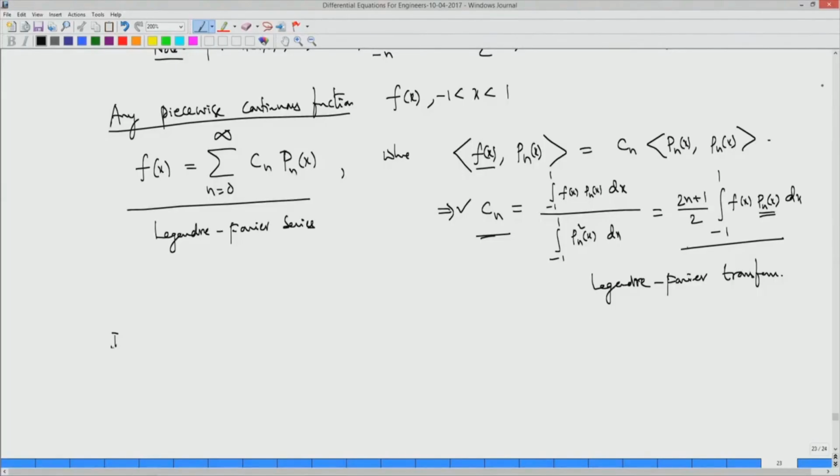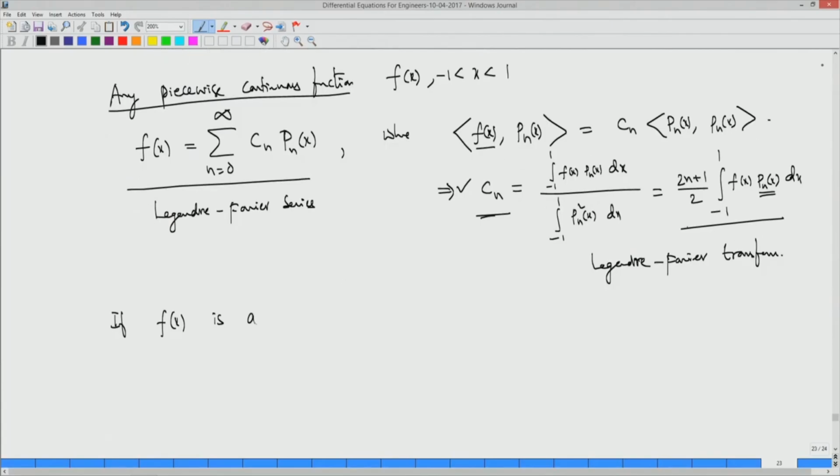But in all the three cases, that means regular Sturm-Liouville system, periodic Sturm-Liouville system, or the singular Sturm-Liouville system, if f(x) is a square integrable function, then still I can write this f(x) as this sum, n from 0 to infinity.